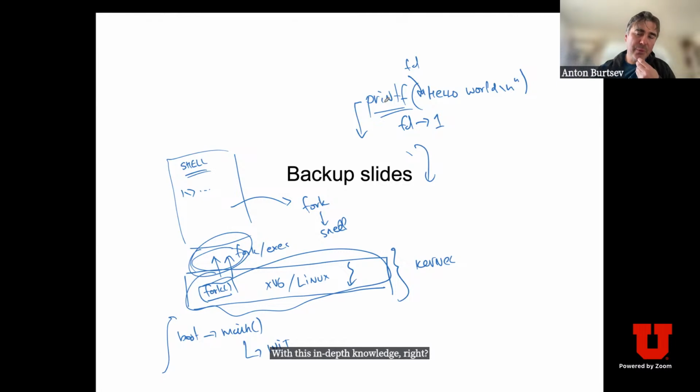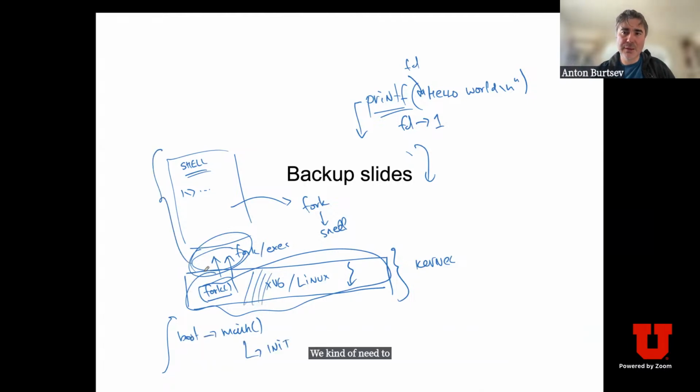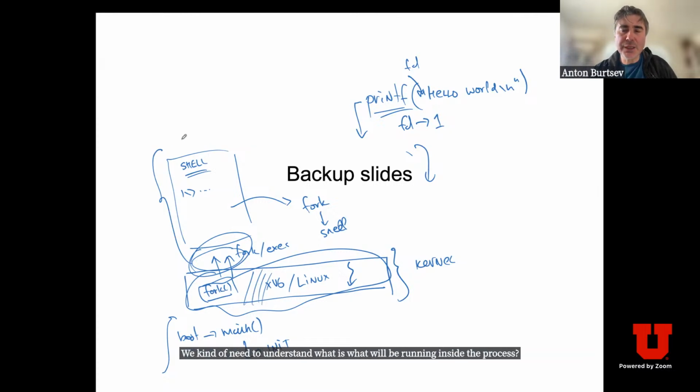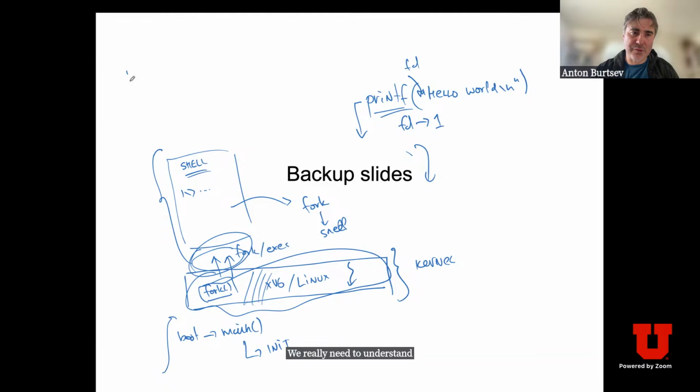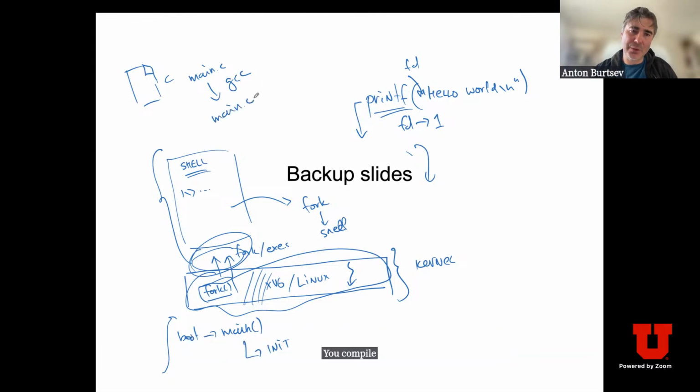But before getting to the details of what's running inside the kernel, we need to understand what will be running inside the process. We really need to understand what a process is. Remember, you start from a C file, like main.c. You take a compiler, like the GNU C compiler or LLVM, and compile into an object file, main.o.